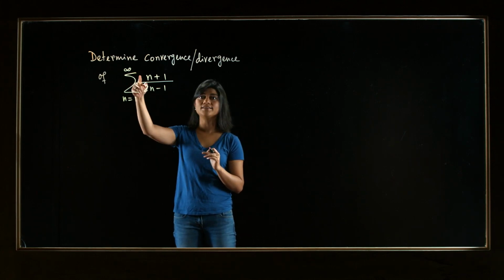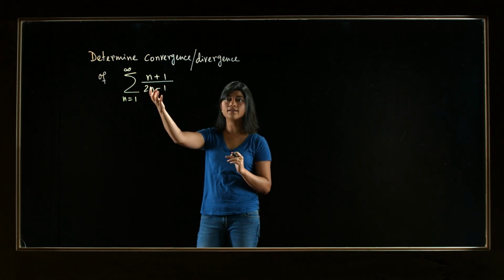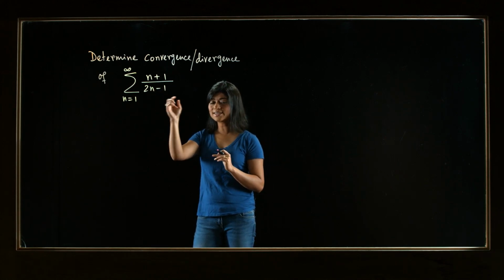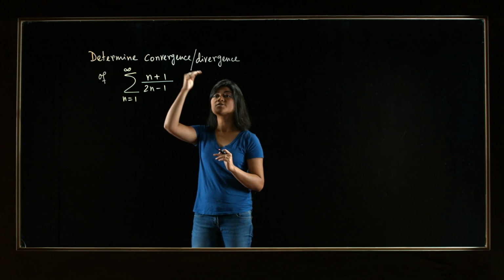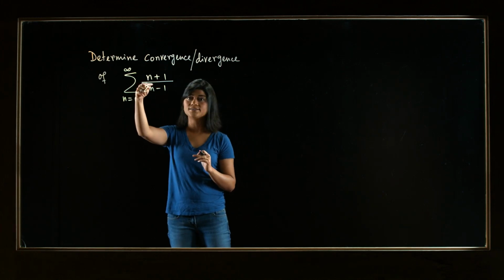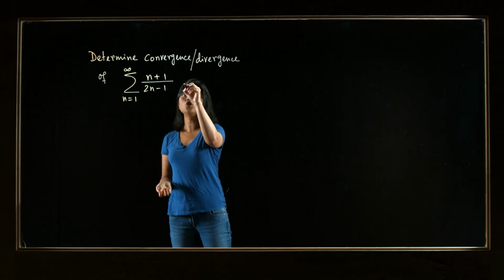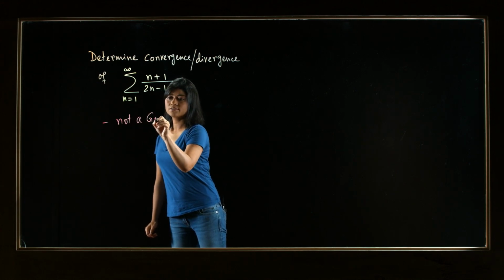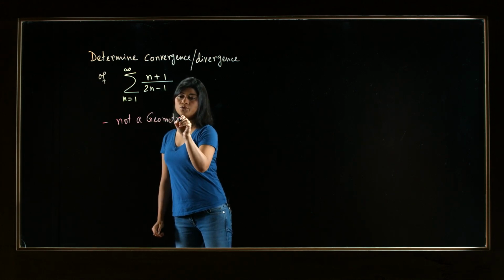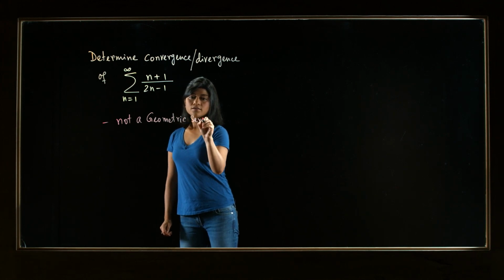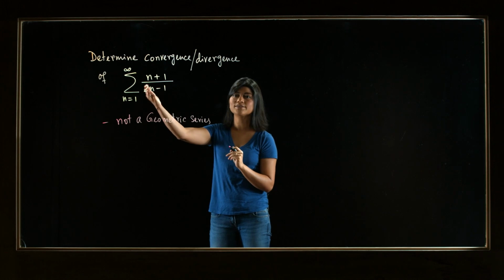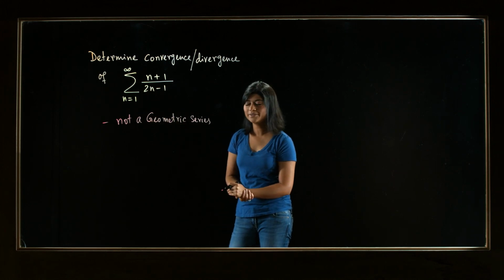Does it look anything like a times r to the n? Of course not, because for a geometric series, the variable n is in the exponent, and here, all the n's are not in the exponent. So this is not a geometric series. That's the first thing you should notice, because you cannot apply the geometric series test to this series, right?